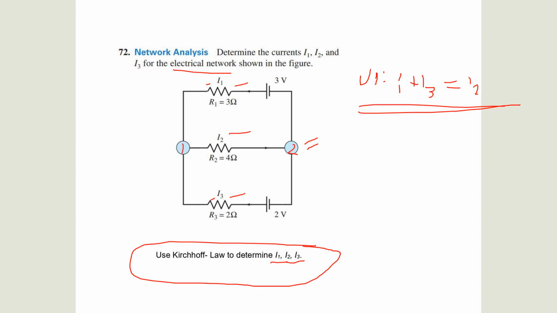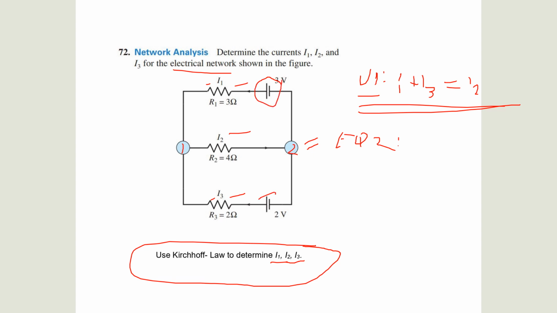From this, we need to get equation 2, right? Because junction 1 and junction 2 have only the same equation, we just need to convert it into one. So for equation 2, we need to observe how many batteries there are.